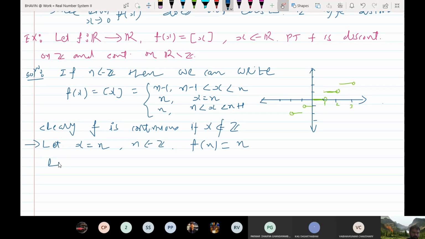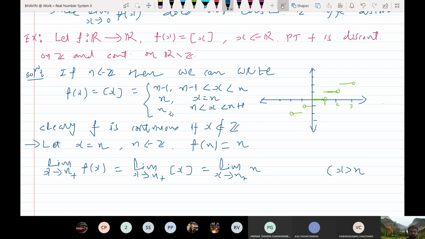Okay, now let's find out the limit as x tends to n plus of f(x), where f(x) is box x. What is box of x? If x tends to n plus, what does this mean? X is bigger than n. If your x is bigger than n, then what is the value of box x?